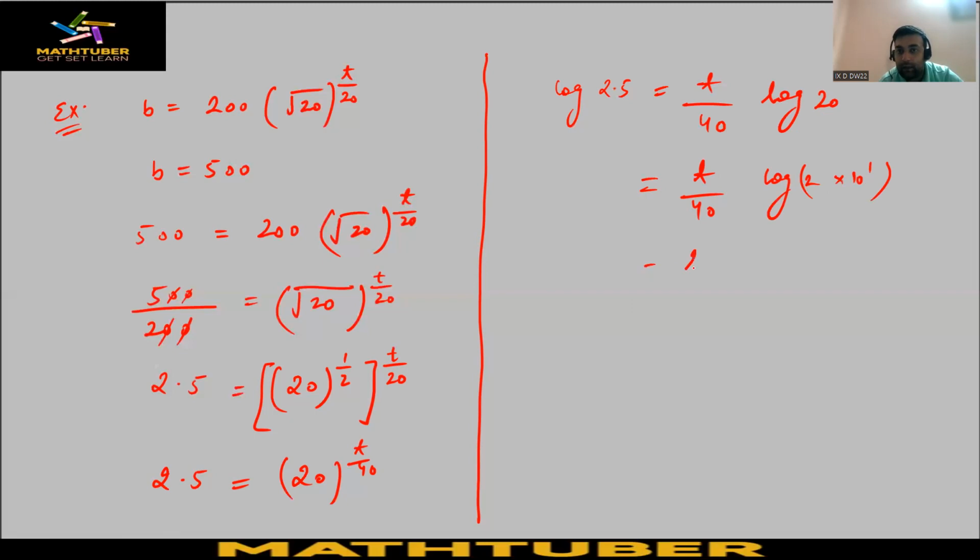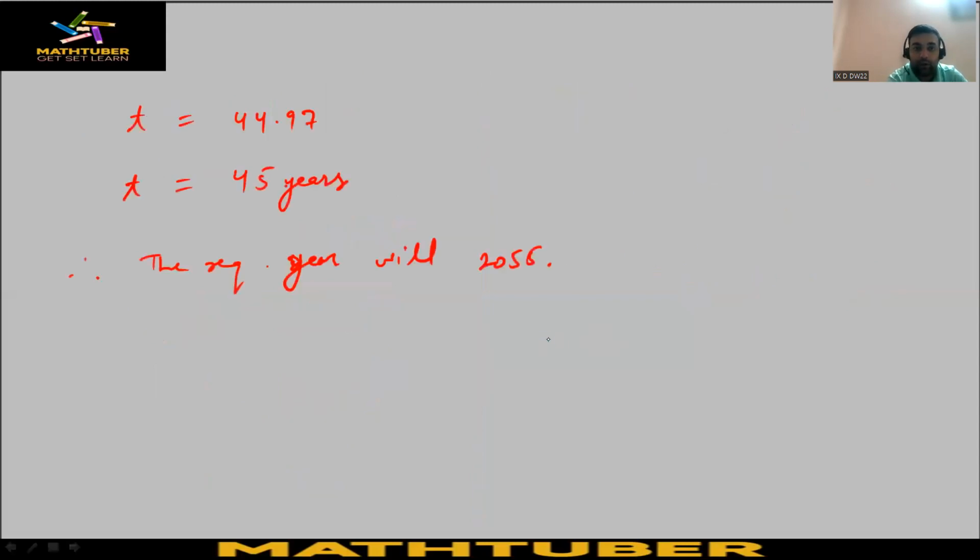The characteristic becomes 1 here, and this will be 1 plus log 2. So you just have to find out log 2.5 and log 2 here, and then you will find the answer. So let us find out log 2.5 here.